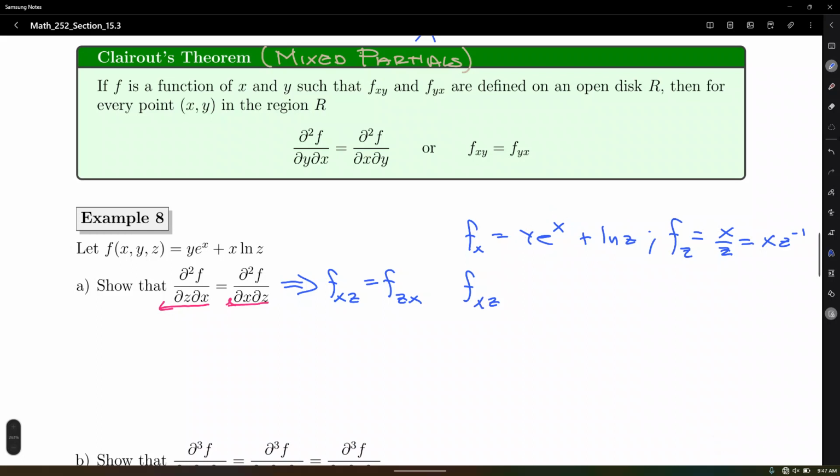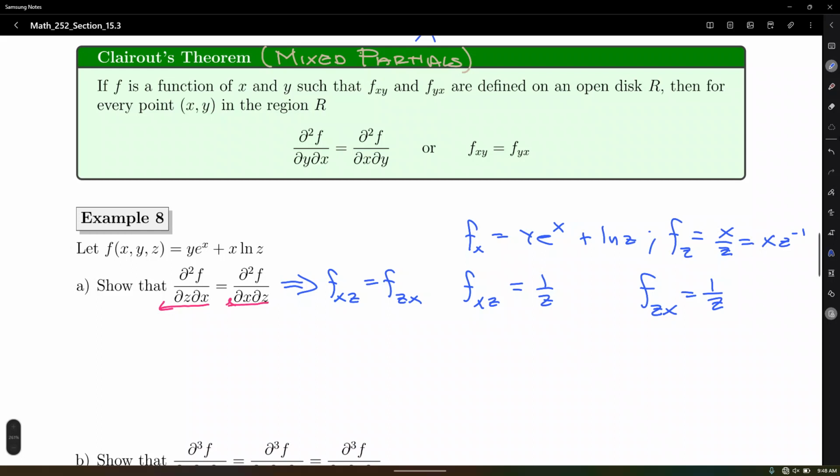And again, this is going to be 0, plus the derivative of ln of z, that's 1 over z. And over here, f with respect to z, then with respect to x, the derivative of x, isn't that just 1 times 1 over z, that equals 1 over z. Are these mixed partials equal?